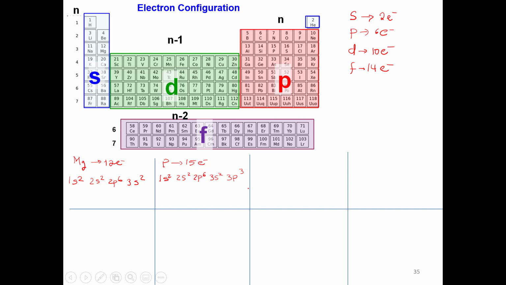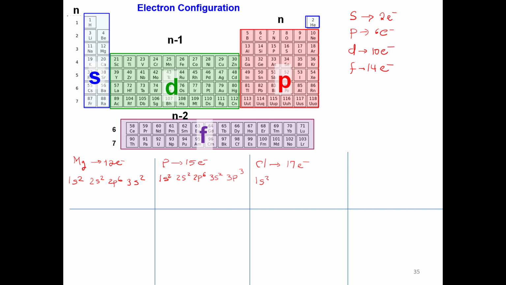Let's do now the electron configuration for chlorine. Chlorine is 17 electrons. And we will do the same thing, the same procedure. Then let's start here. The other shells must be full.